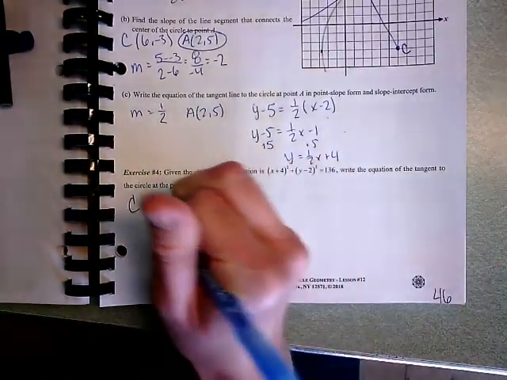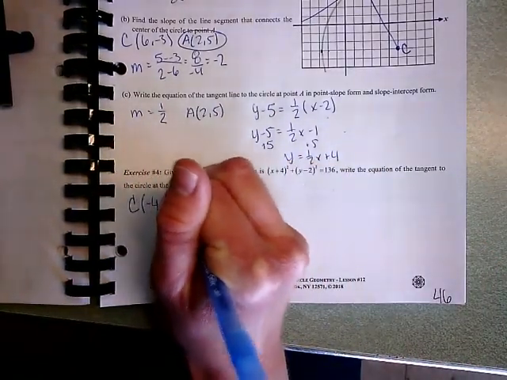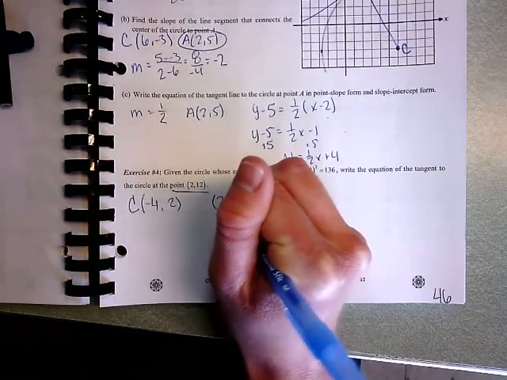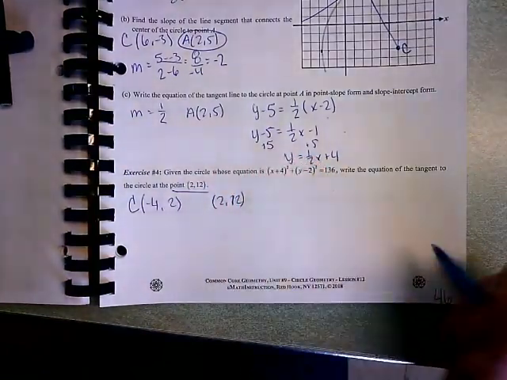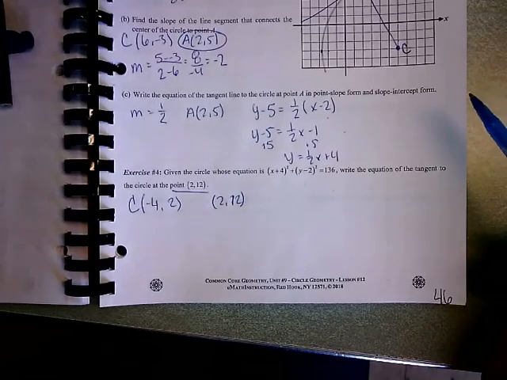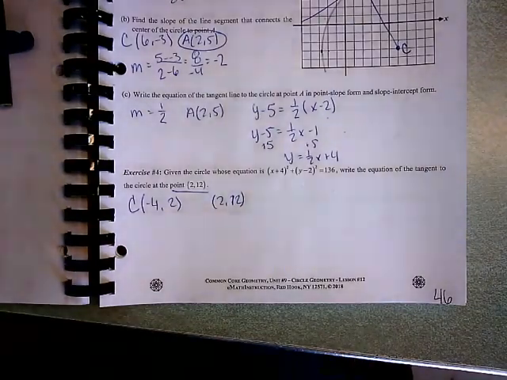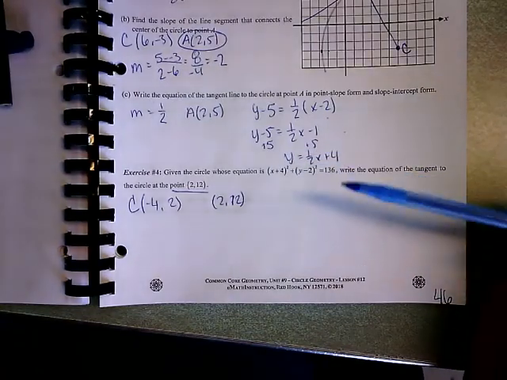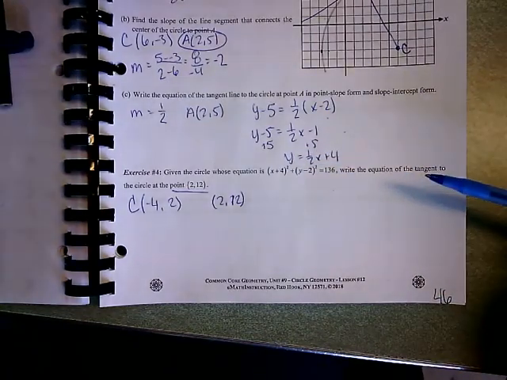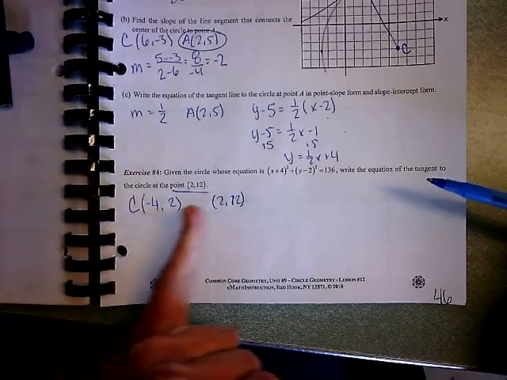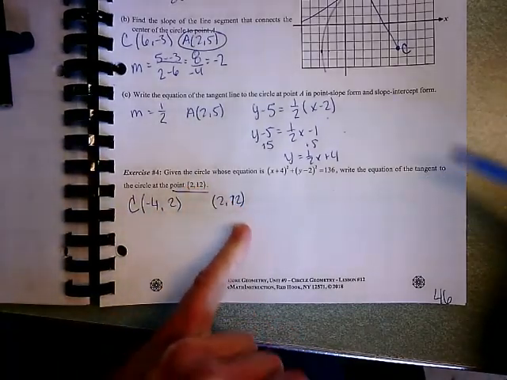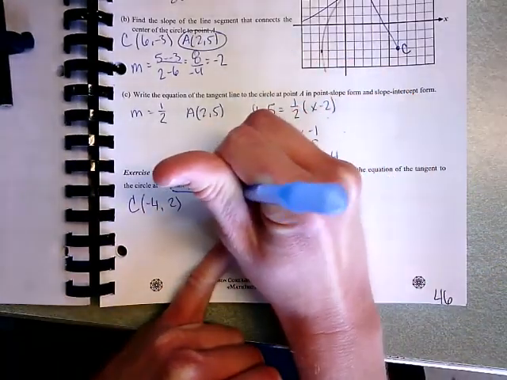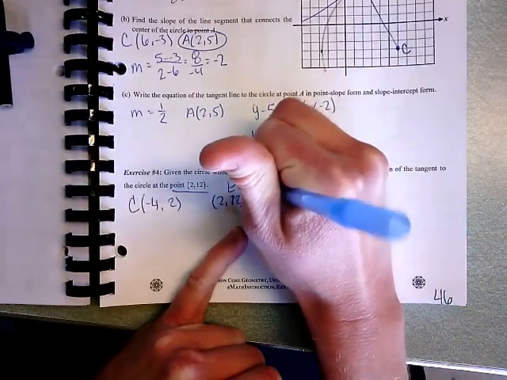The center point is negative 4, 2, and we want to use 2, 12. It's helpful to visualize, but you don't always need to. In order to find the equation of a tangent line, the two things that matter are the center and the point of tangency, the point the tangent line is passing through.